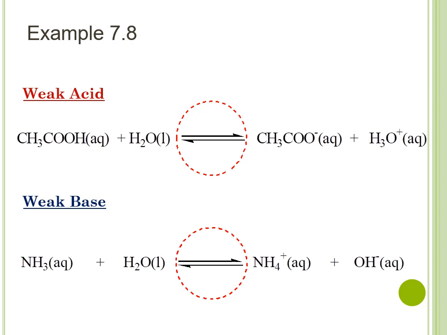It dissociates partially to produce acetate ion, CH3COO-, and hydronium ion, H3O+. And weak base ammonia dissociates in water partially, it also uses the reversible arrow, to become NH4+, the ammonium ion, and hydroxide ion.